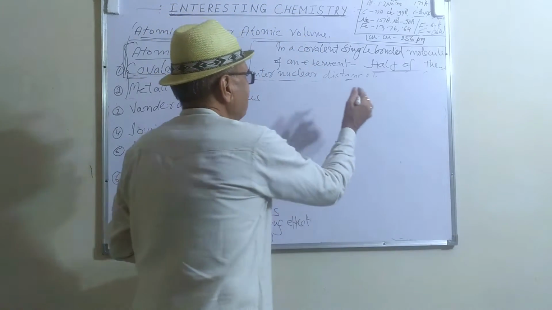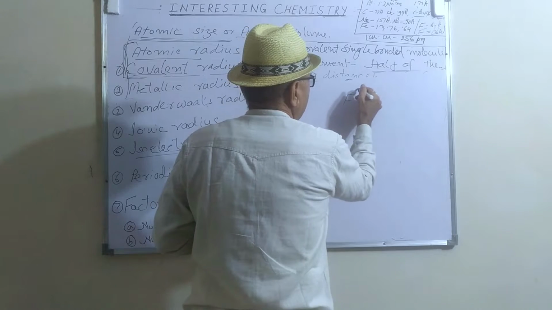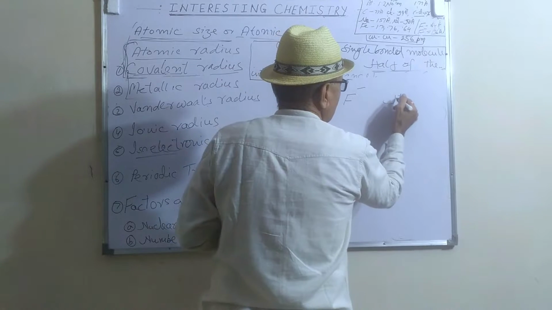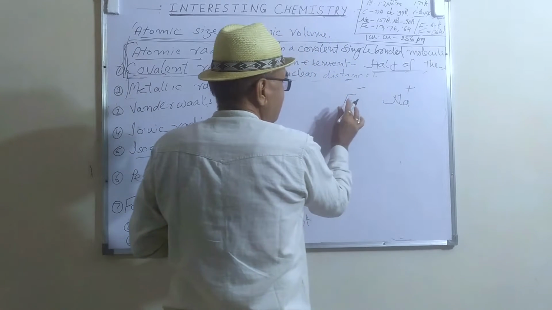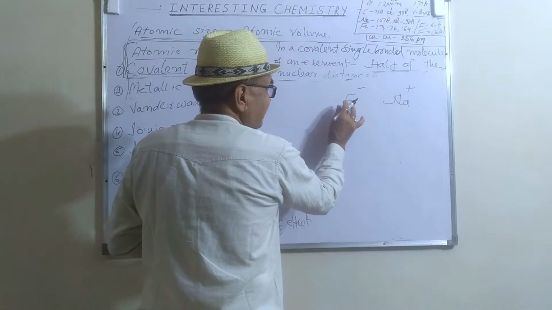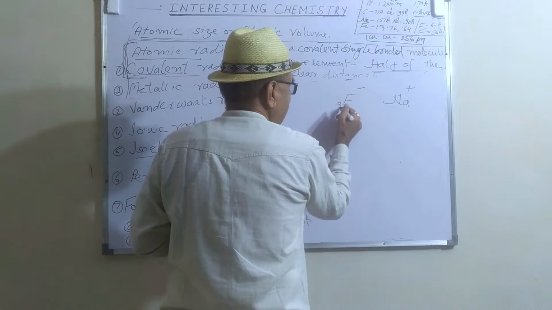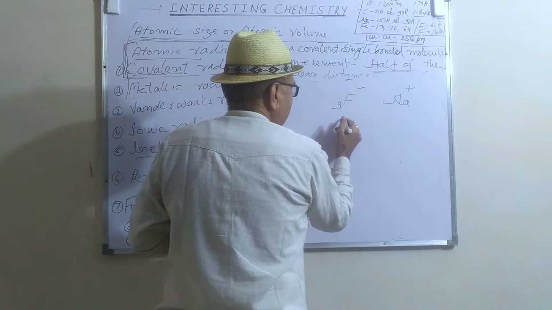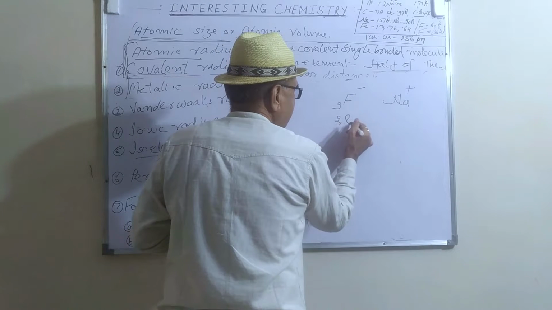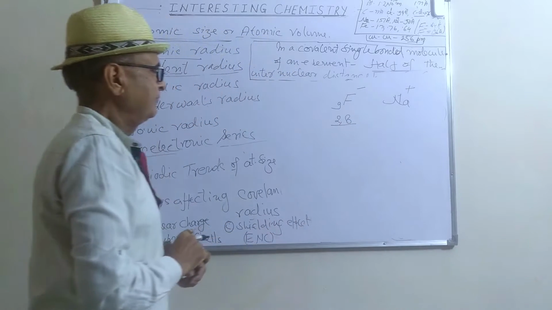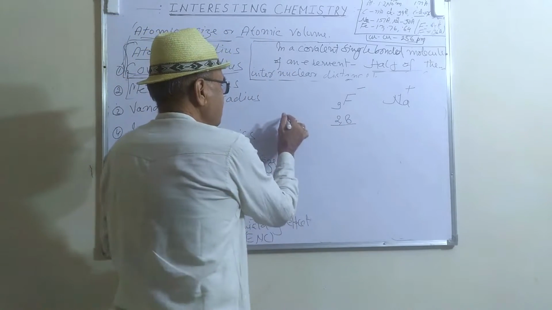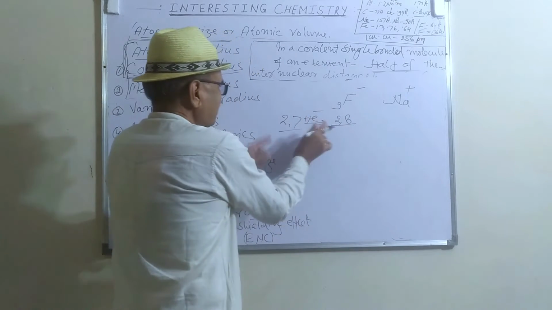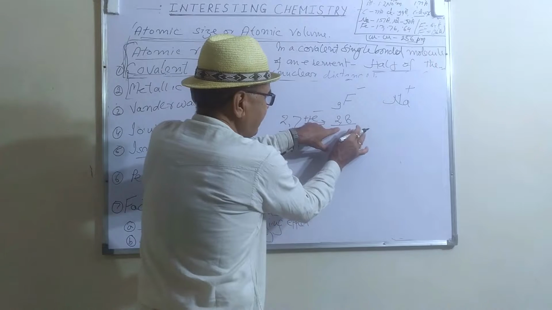If this one is F negative, and here this is sodium. Write the electronic configuration. There are 10 electrons. The number is 9, and 1 electron is gained by fluorine, so the electronic configuration of the fluorine ion is 2,8. 2,7 gains 1 electron, so it will become 2,8.